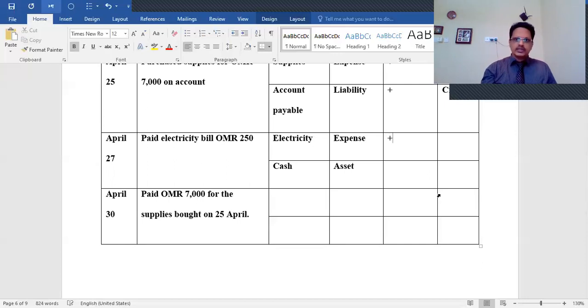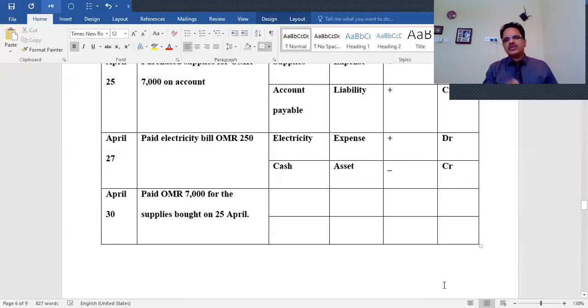So expense increases, and as it is an immediate cash payment, your cash decreases. Now expense increase means debit. Asset or cash decrease means credit. You know already, asset and expenses increase means debit, decrease means credit.